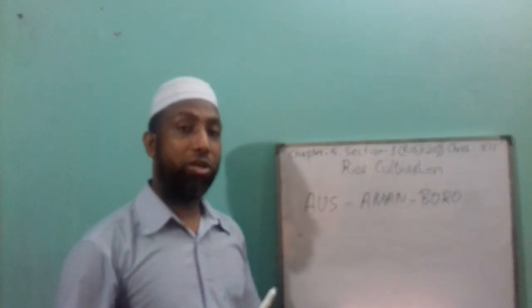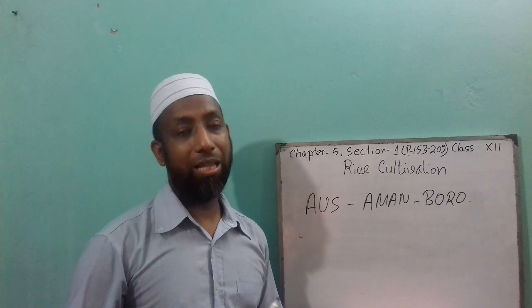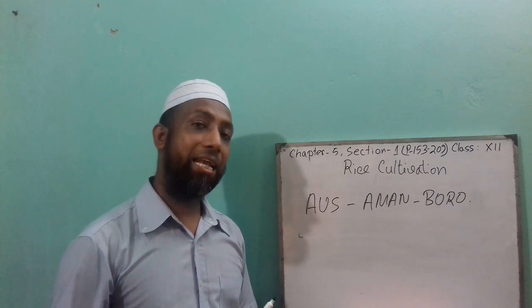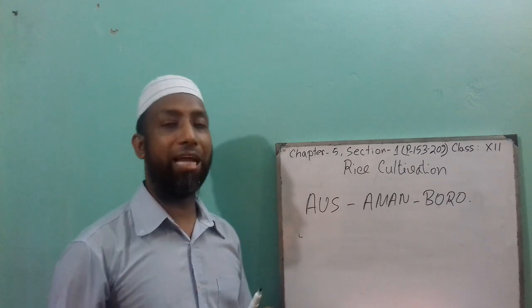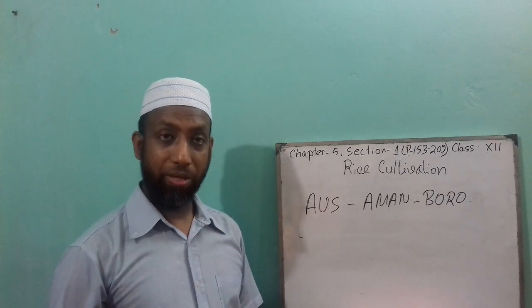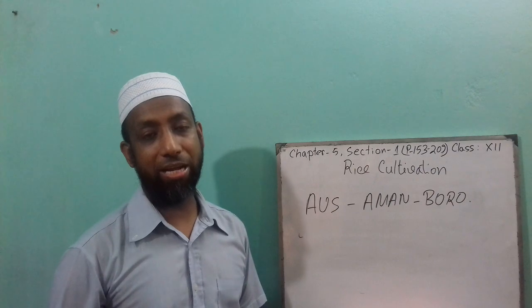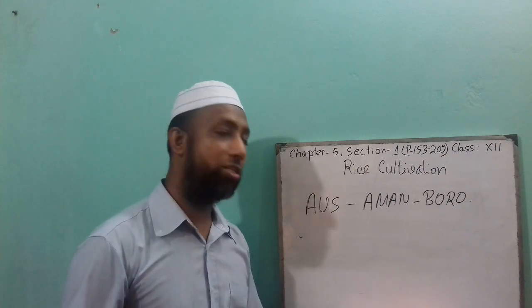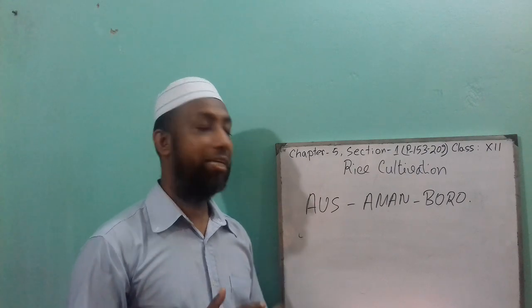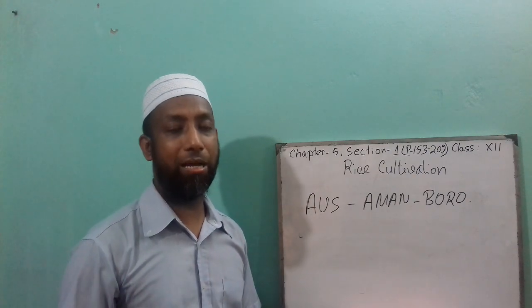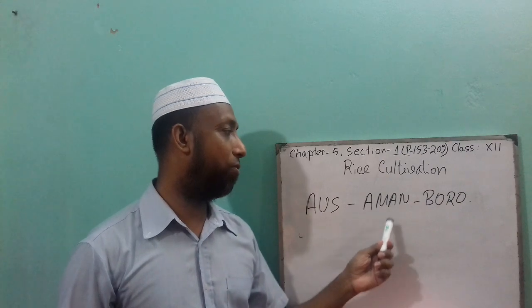In these 3 seasons divided across the whole year, if rice is cultivated in the Aush season, that is called Aush rice. If a variety is cultivated in the Amon season, that is called Amon rice. Some varieties are cultivated in all 3 seasons, so they can be named Aush rice, Amon rice, Boro rice.